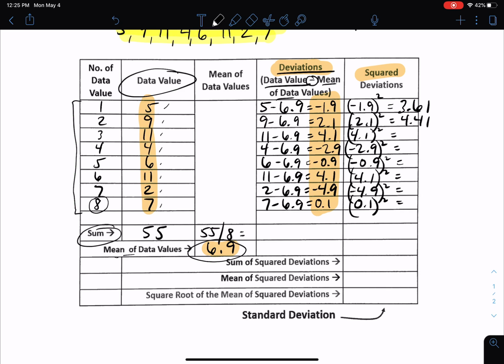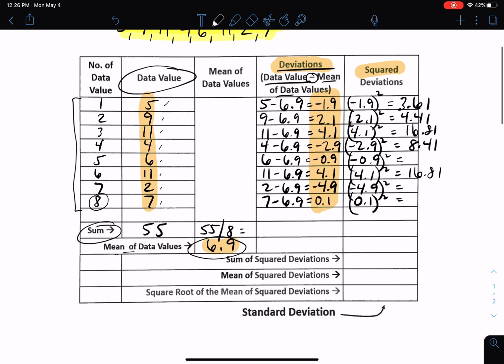Okay, so 4.1 times itself is 16.81. Negative 2.9 times itself is 8.41. 0.9 times itself, 0.81. 4.9 times itself, or negative 4.9 times itself, is 24.01.